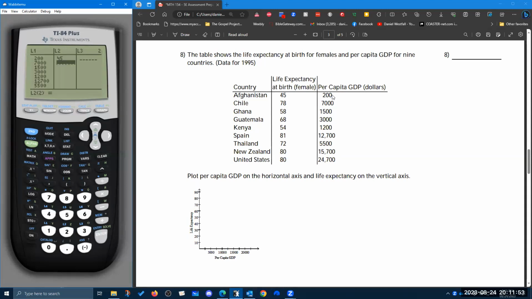So, and they have quite a low life expectancy compared to the other countries, that their average life expectancy is 45.